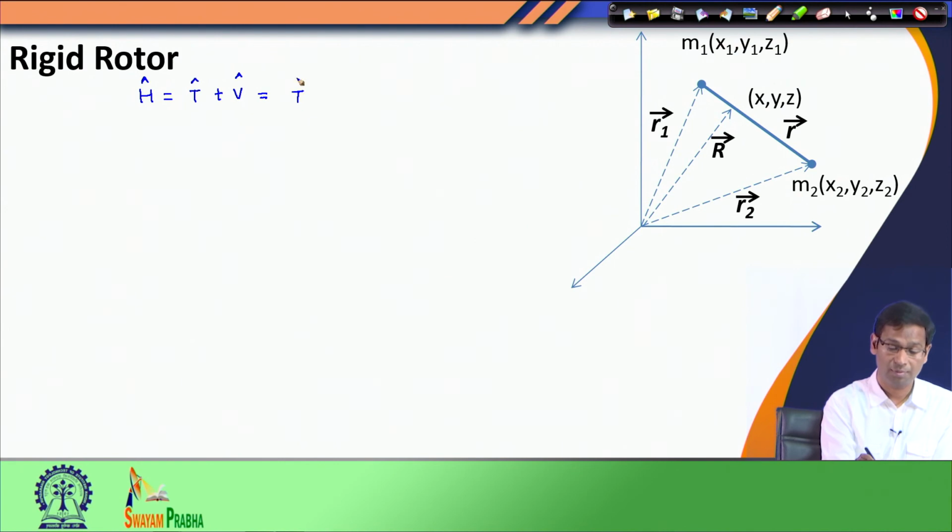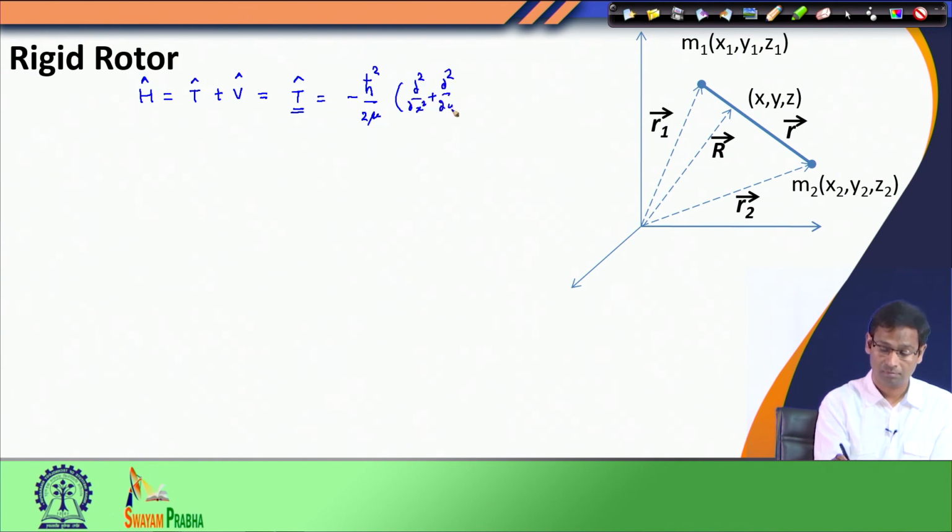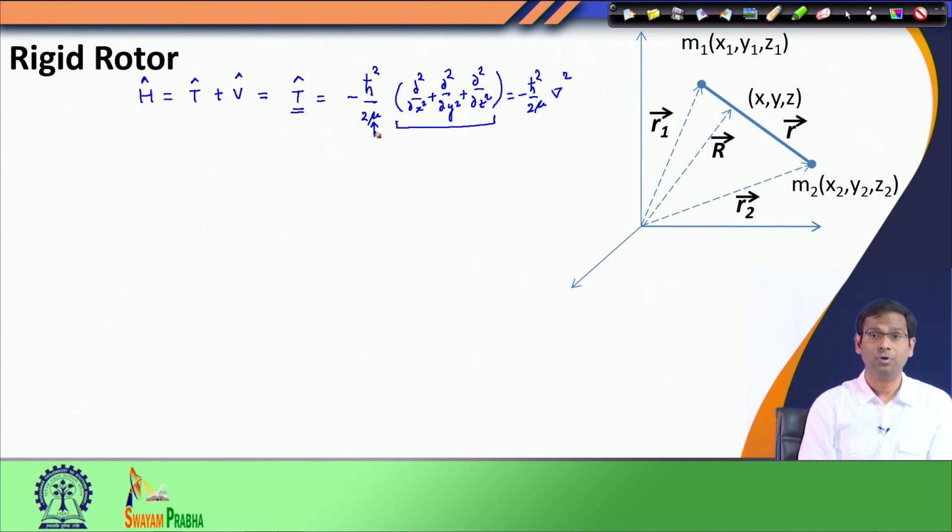Therefore, the Hamiltonian is simply the kinetic energy operator, and in this case the kinetic energy operator can be defined as minus H bar square by 2 mu Laplacian, where this is the Laplacian. Now, you see I am using the reduced mass because I am talking about the internal motion of the problem.